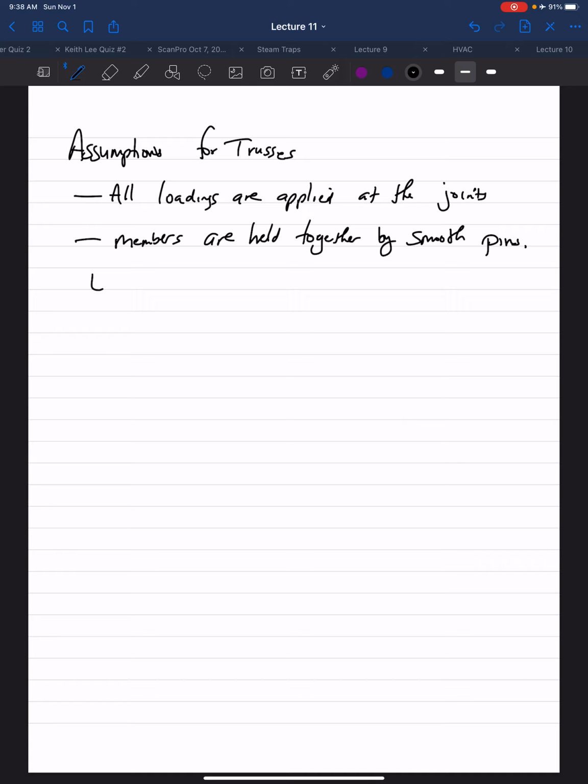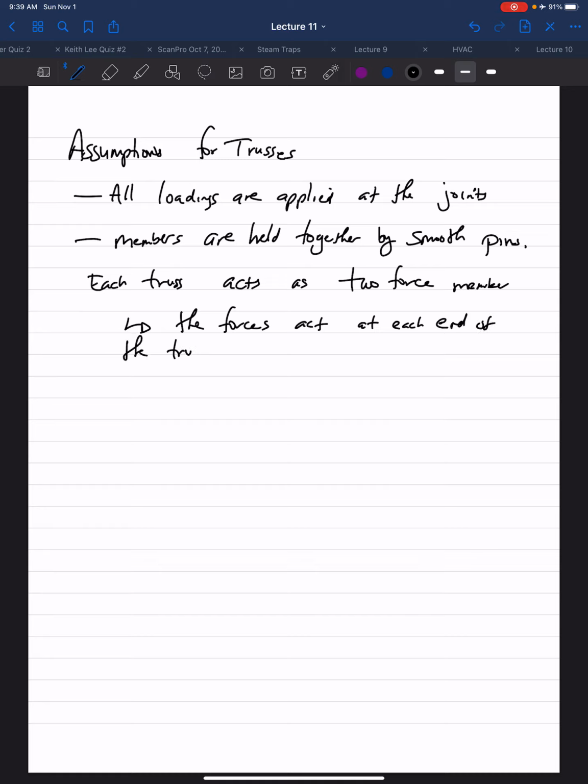Therefore, each truss member acts as a two-force member, which means the forces act at each end of the member.